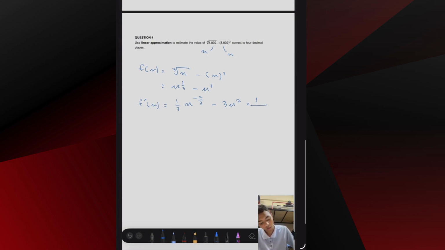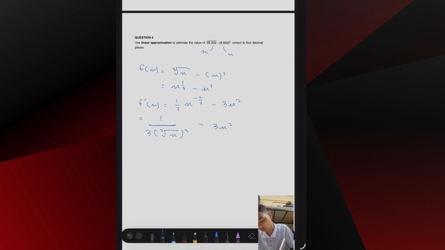Next, we get 1 over 3 times the cube root of x square, minus 3x square.